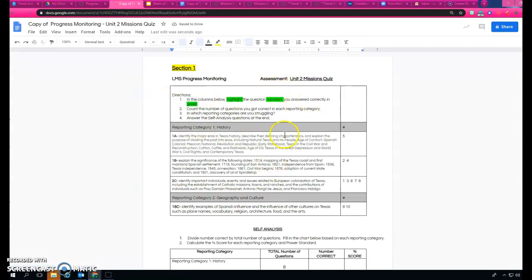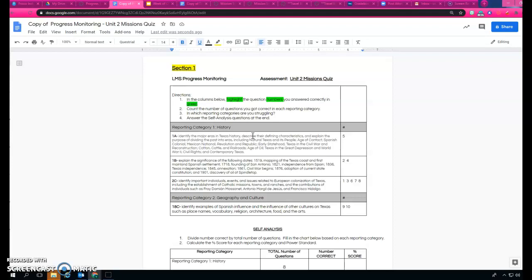There are 4 different sections to this progress monitoring. You will not be doing all 4. You will do a max of 3 different sections. It depends on where your grade fell, and you're going to see that as we work through this. Not only do you need to have this up in front of you, you also need to pull up your Mastery Connect test.